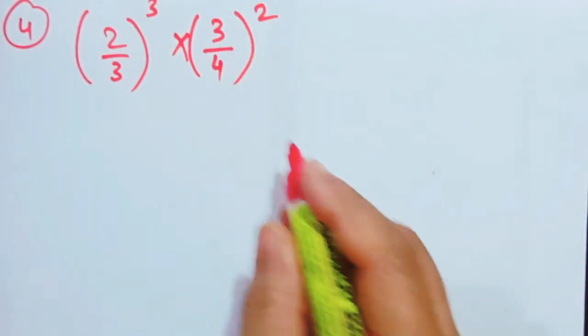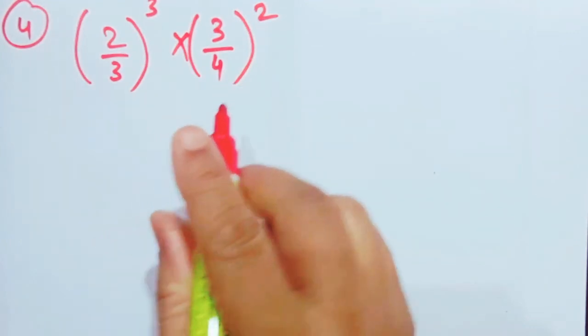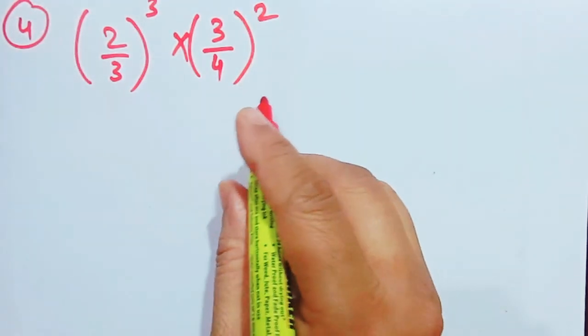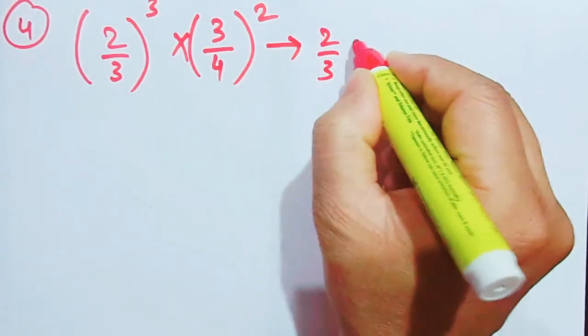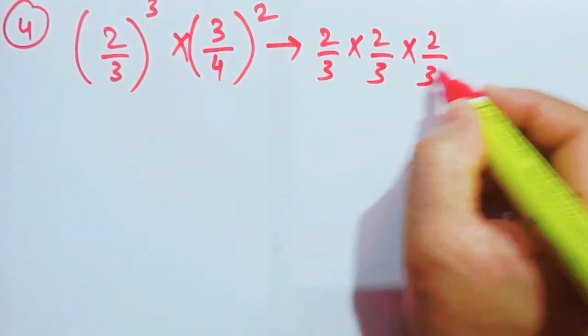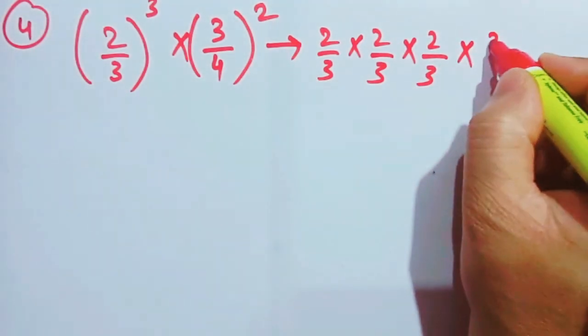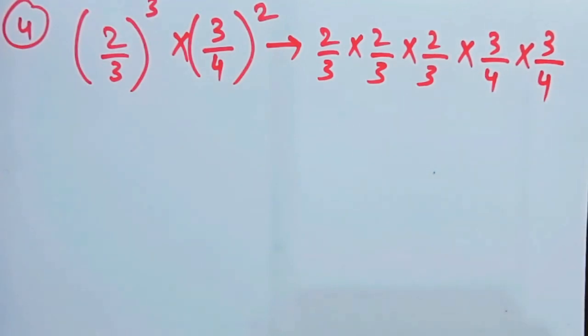This is what our sum is. If this is our sum, how are we going to solve this? Naturally the same trick. 2 by 3 into 2 by 3 into 2 by 3 into 3 by 4 into 3 by 4.